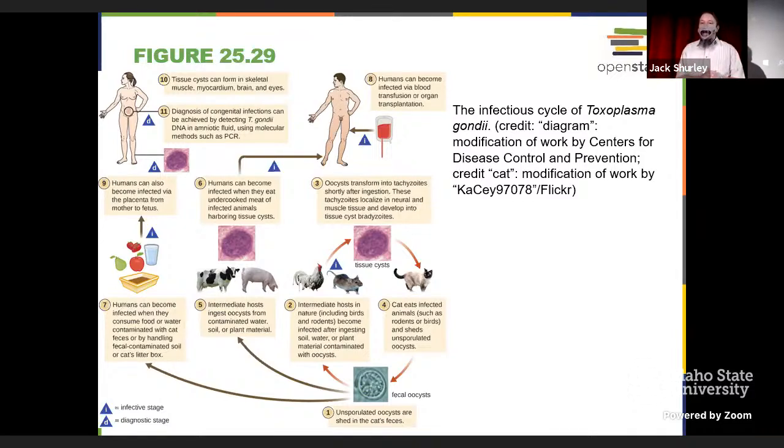We've got just a couple of parasites left to wrap up in this chapter. All right, so I left you guys off. We talked about malaria Monday as we finished the chapter.